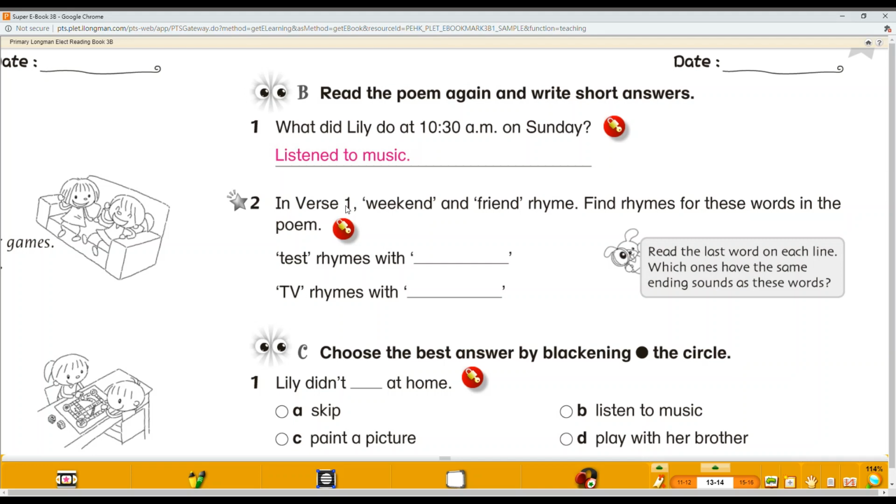In verse 1, weekend and friend rhyme. Find rhymes for these words in the poem. So let's look at the hint here. Read the last word on each line. That means usually the rhymes are at the end of the sentence. Which ones have the same ending sounds as these words? So we find the keywords test and TV.